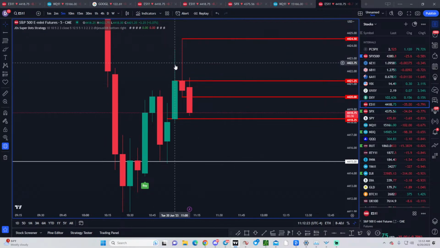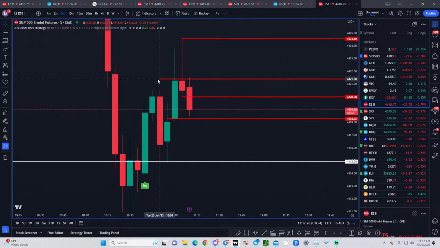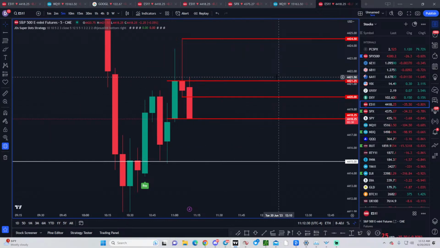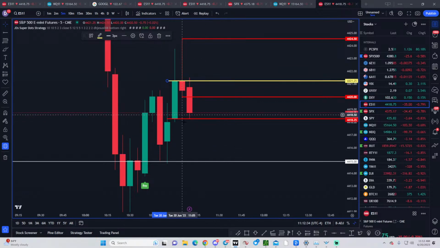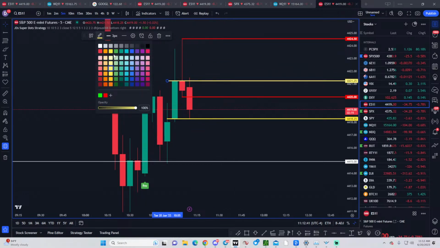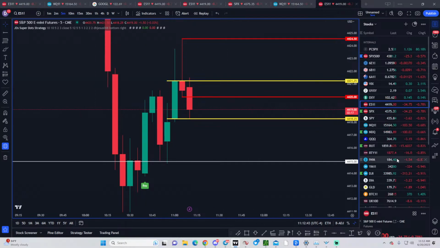I'm going to change the color of these lines here so you can clearly see what I'm trying to project. Let's just say yellow. Yellow is one of my favorite colors. You see a lot of yellow in the stuff that I do.